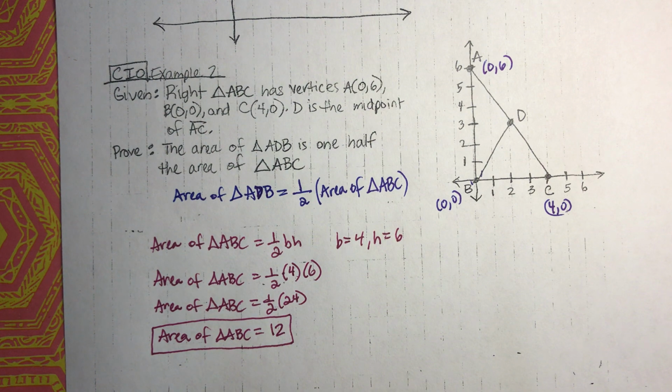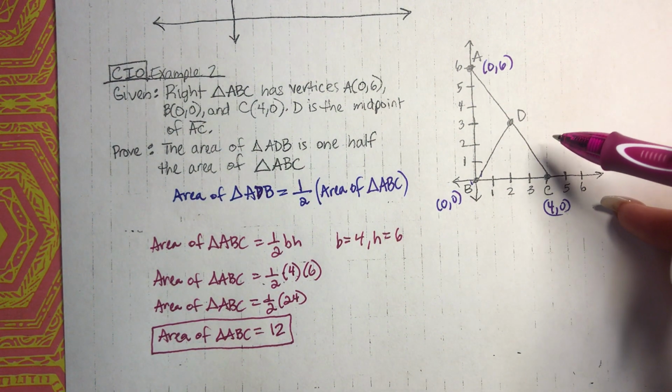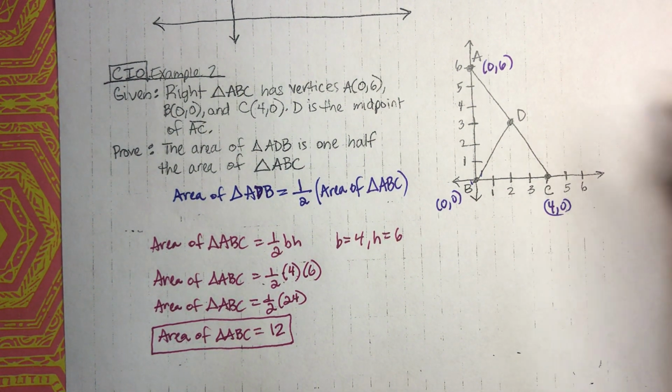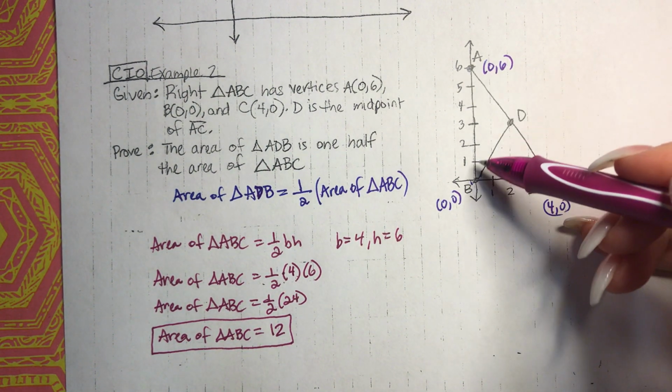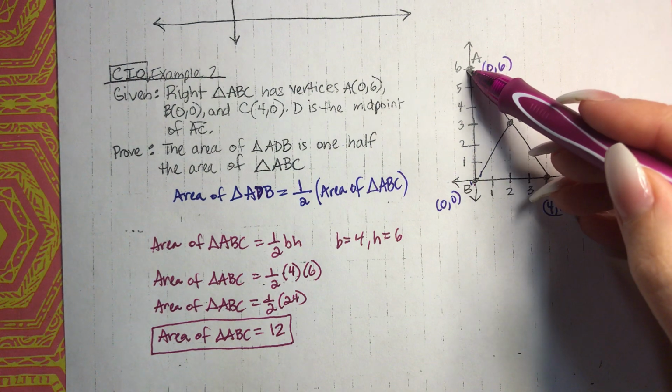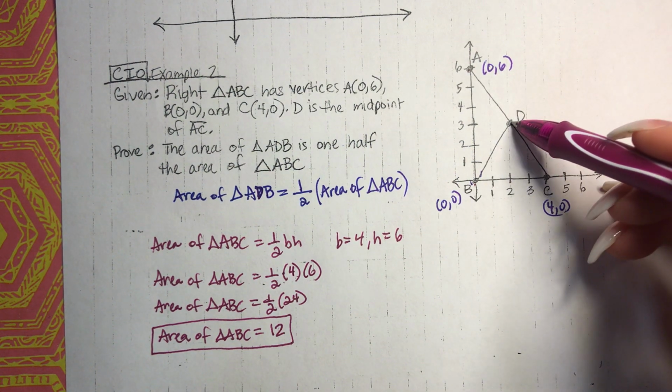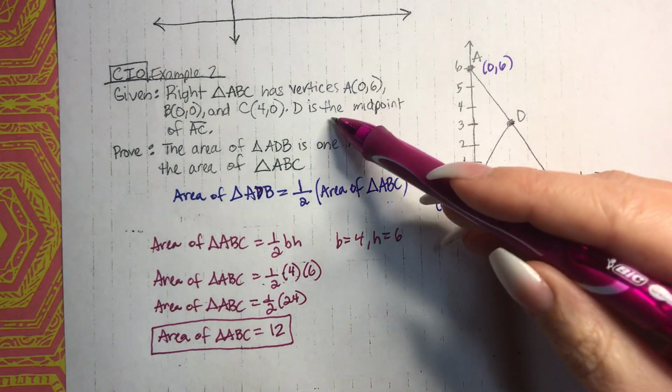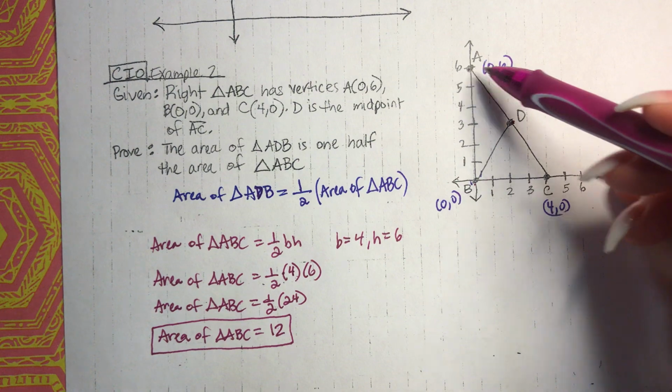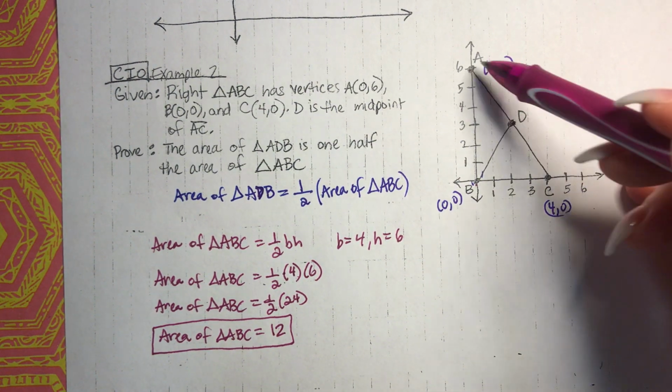So to do that, we need to figure out, so this triangle, we know what this vertex is, we know what this vertex is, but we don't know what this one is. So we need to determine what this is. Now, how can we figure out what this is? What did it say about D? D is the midpoint of AC.